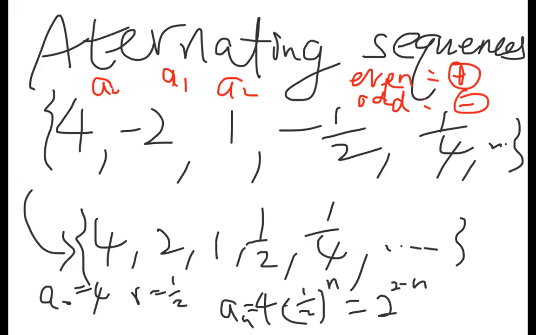So that means you have to apply -1 to the n power, because when n is even, -1 to any even power is positive. If n is odd, then -1 to the odd power becomes negative. So you apply this extra factor to the general term, which becomes -1 to the n power times 2 to the 2 minus n.